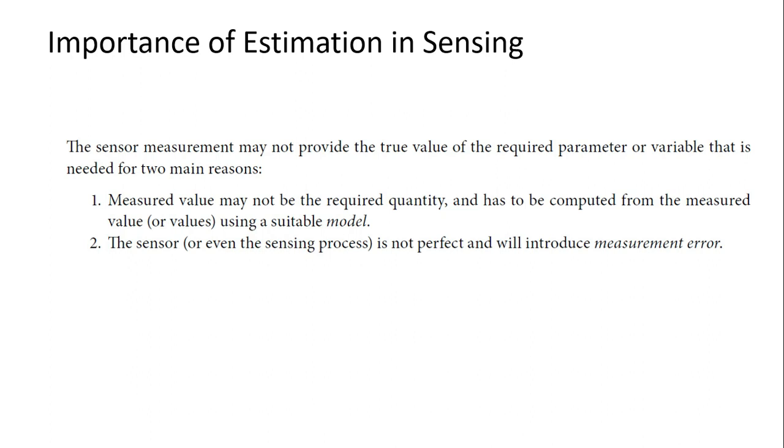Number two, the sensor or even the sensing process is not perfect and will introduce measurement error. So here we are going to get the measurement values and the measurement errors.